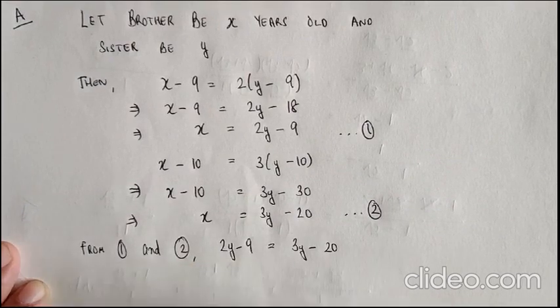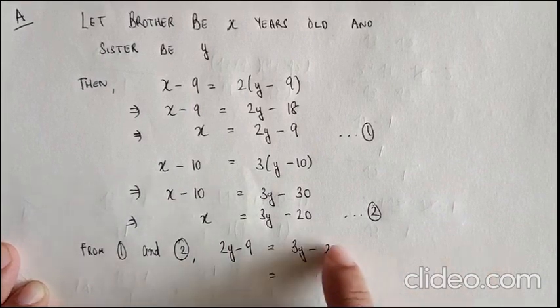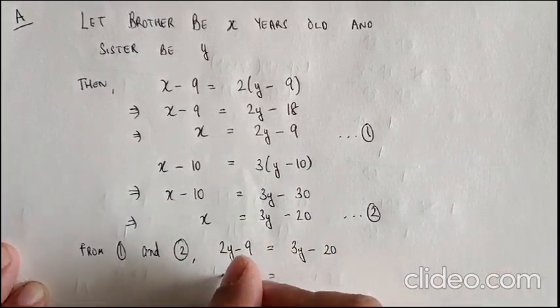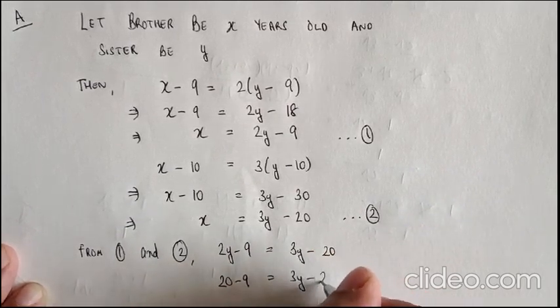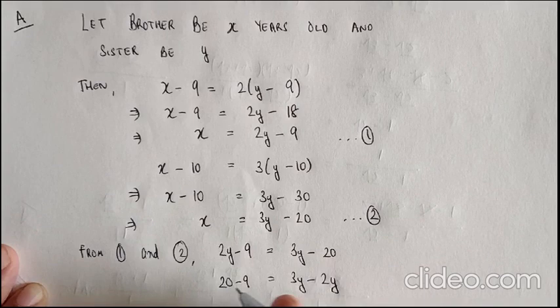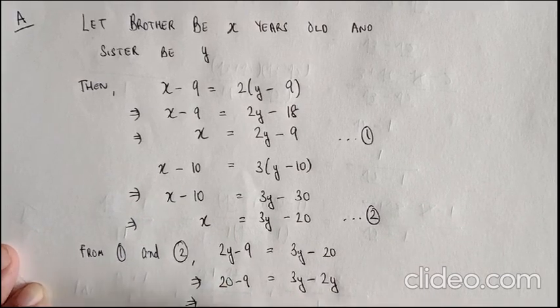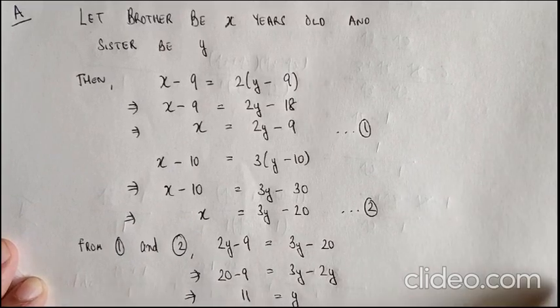We just bring the y to this side and the 20 to this side, right? So 20 to this side, this becomes 20 minus 9, 3y minus 2y, and we bring the y to this side. So this gives us 11. So y is equal to 11.